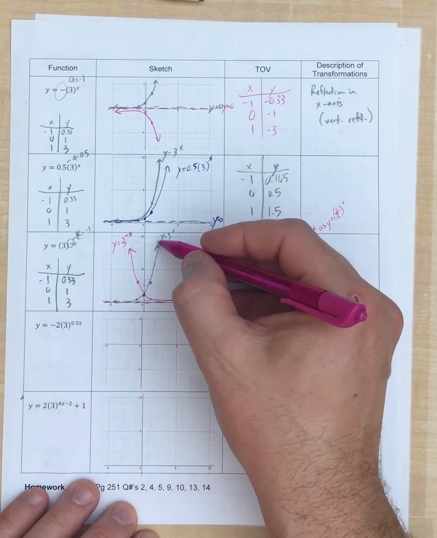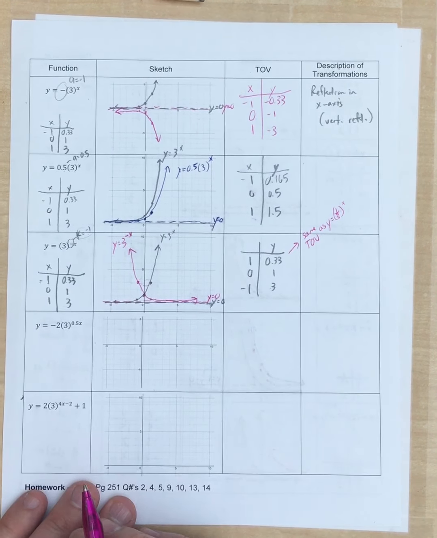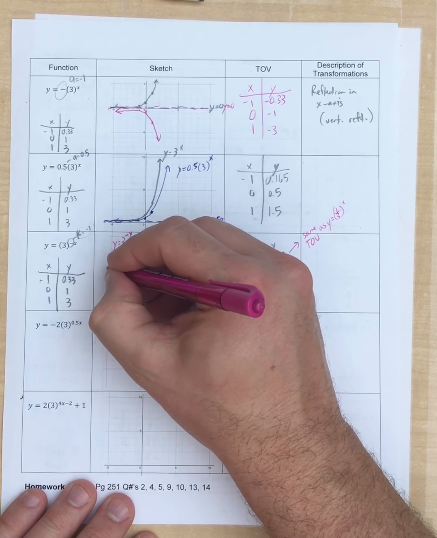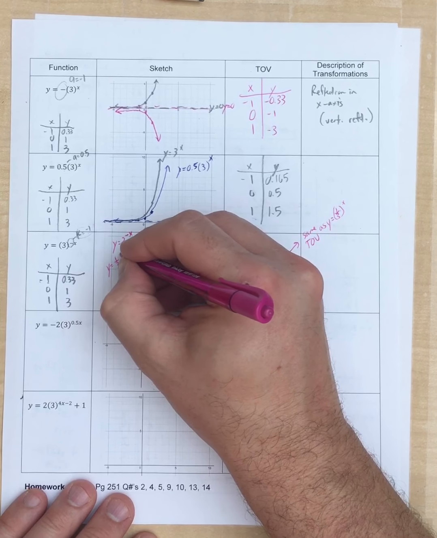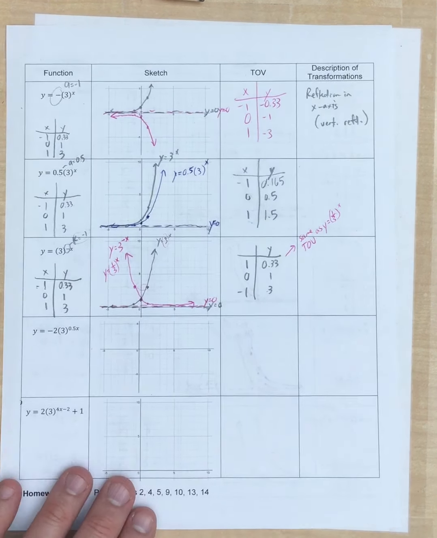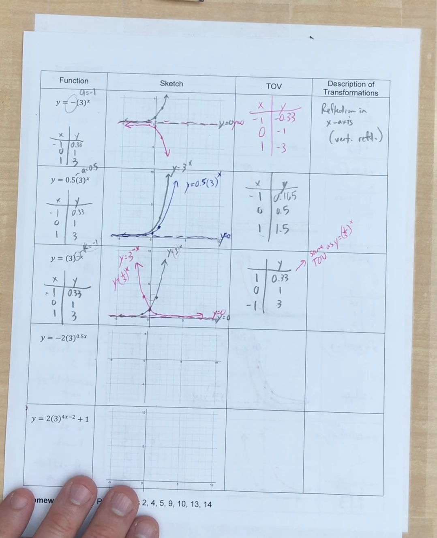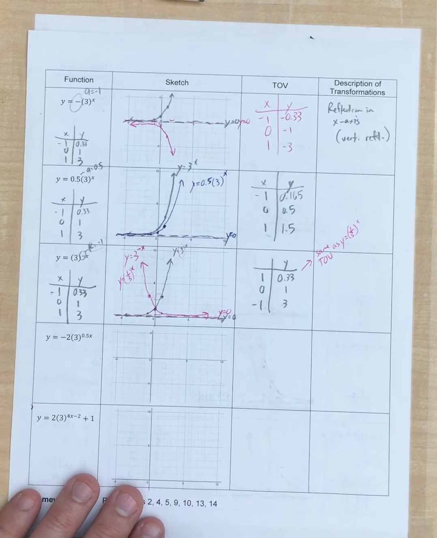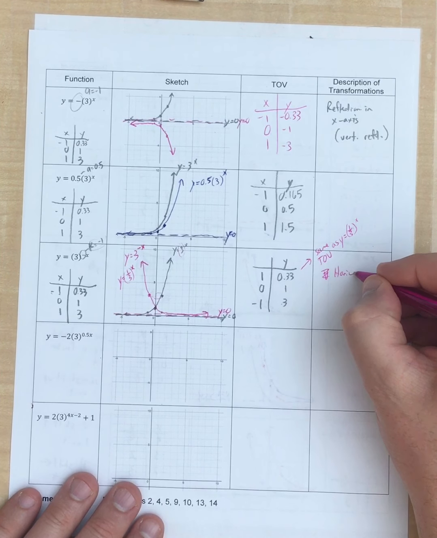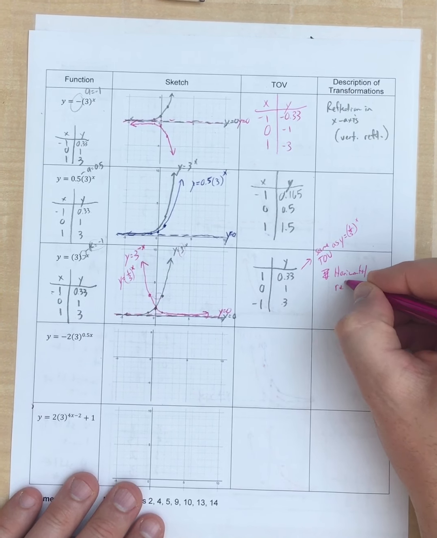So you go from an increasing function to a decreasing function. An increasing function when this is 3, a decreasing function when this is y is equal to 1/3 to the positive x. Remember, we flipped the base, and it becomes a positive exponent. And so that's y is equal to 1/3 to the x as well. So this is going to be a horizontal reflection.